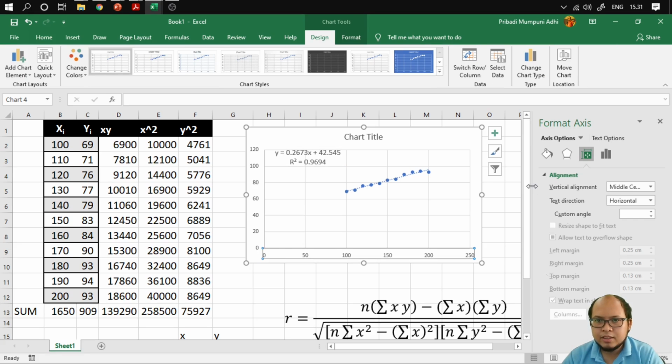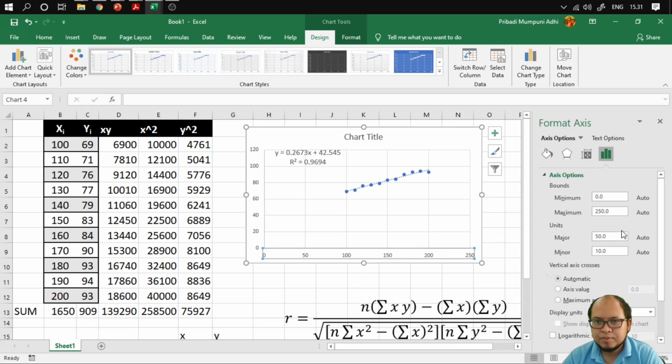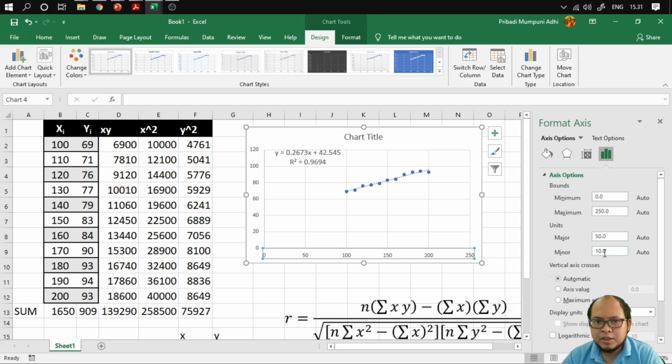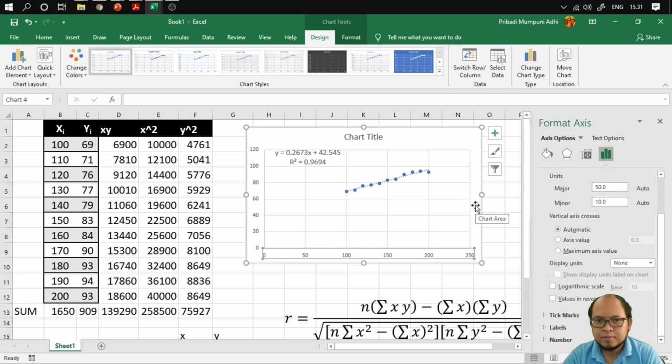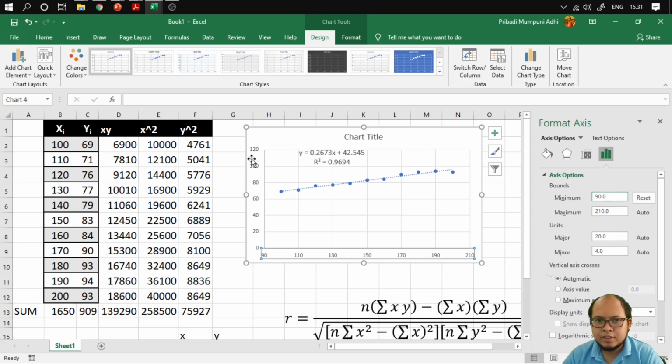We can edit here in the axis, the units, so minimum is 90, and start from 60 for the y, so we can see clearly.